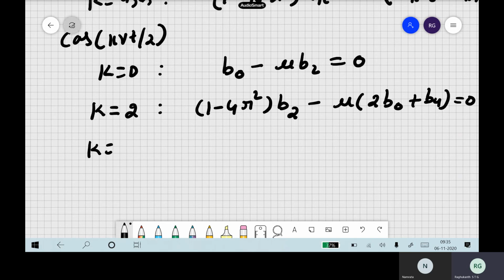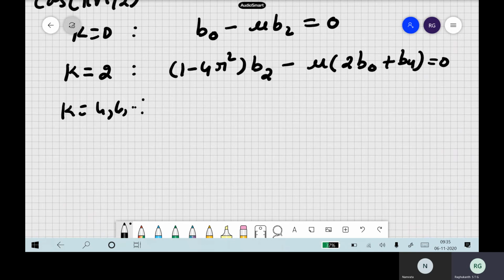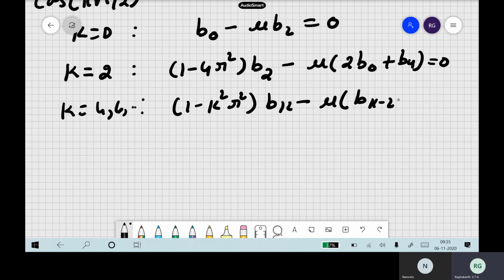Then for the higher order terms 4, 6, you will get a sequence of equations. So 1 minus k square r square into bk minus mu times bk minus 2 plus bk plus 2 is equal to 0. So this is how we get our equations.